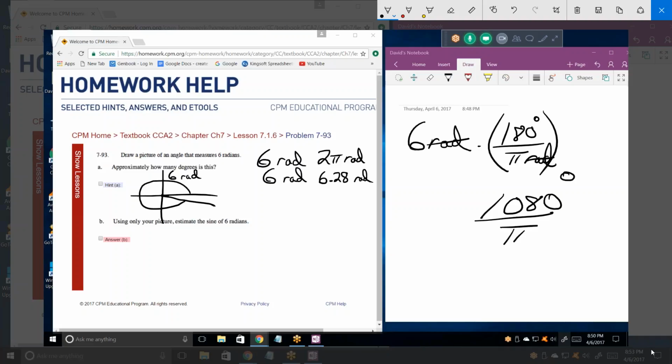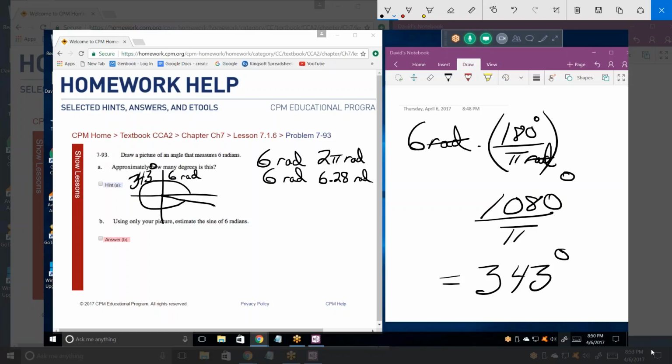You have your calculator? Divide 1080 by pi. What do you get? 343. That's the angle I drew, 343 degrees.